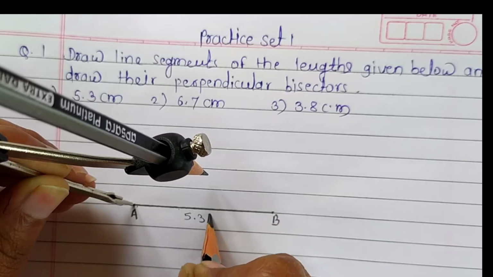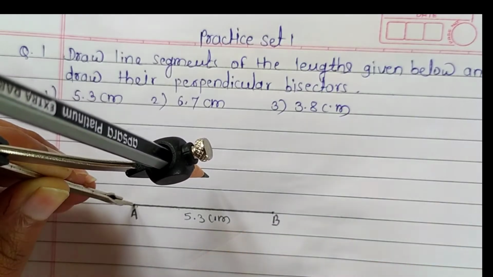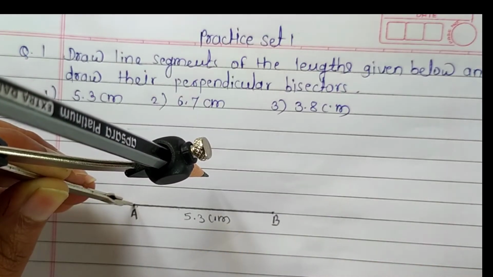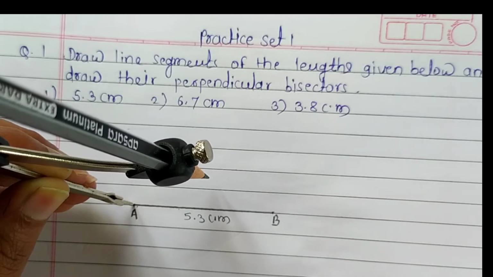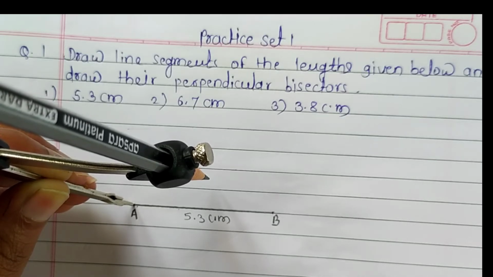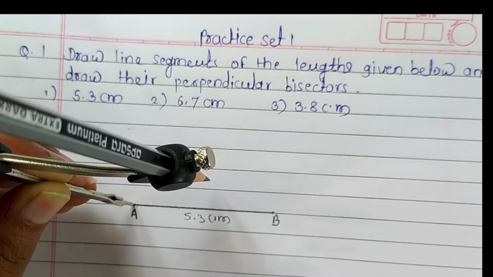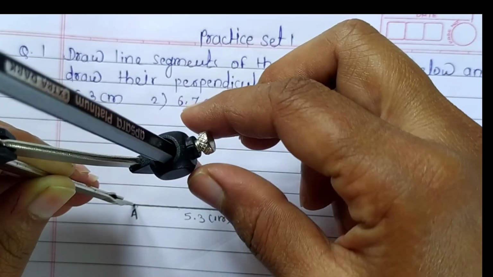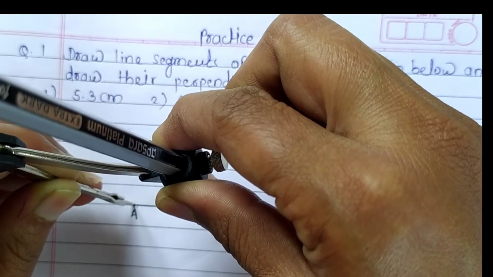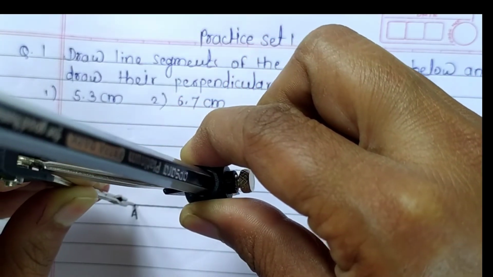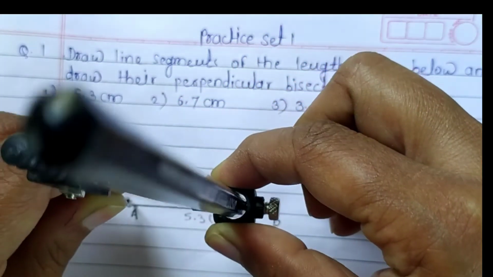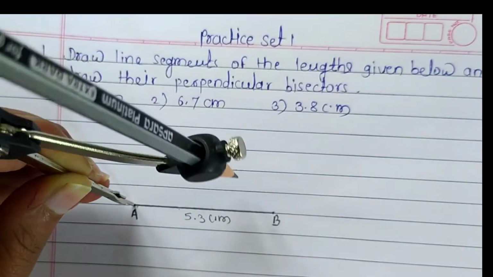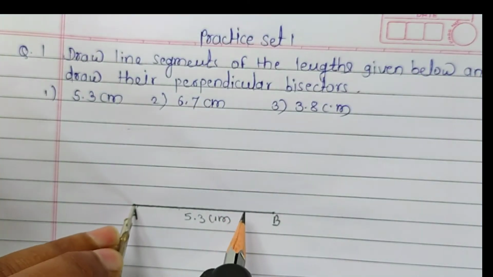Let's write here the length. Now we have to take the distance greater than half the length of segment AB. Let's take it. Extend your compass. This one is greater than half.